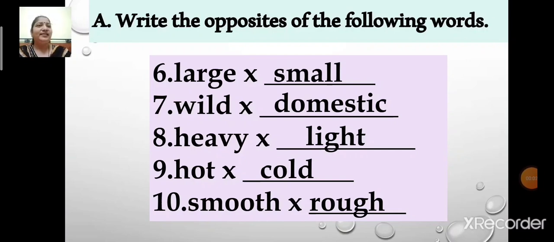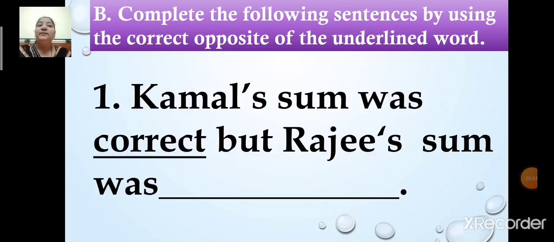Now, next question. Complete the following sentences by using the correct opposite of the underlined word. Children, you have to tell me the correct opposite of the underlined word. Okay. Number 1. Kamal's sum was correct, but Raji's sum was... Now children, here the underlined word is correct.